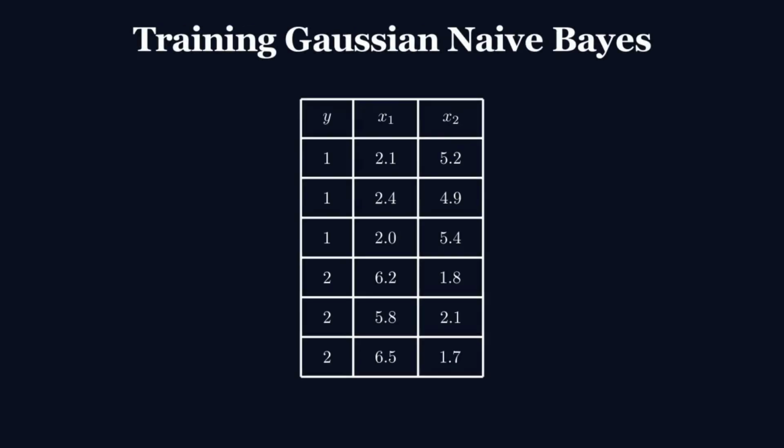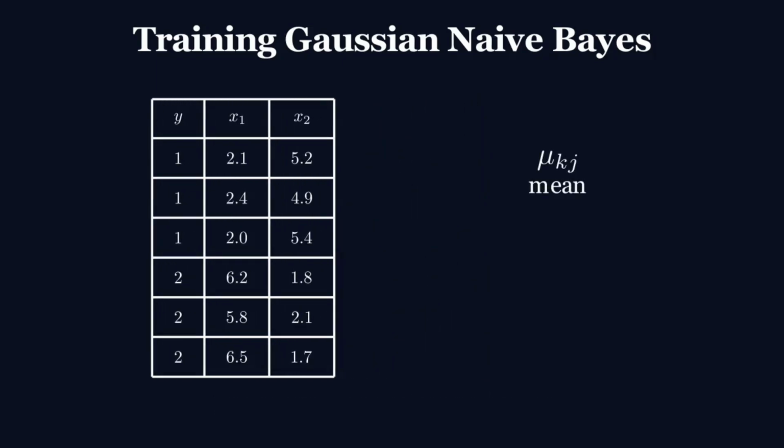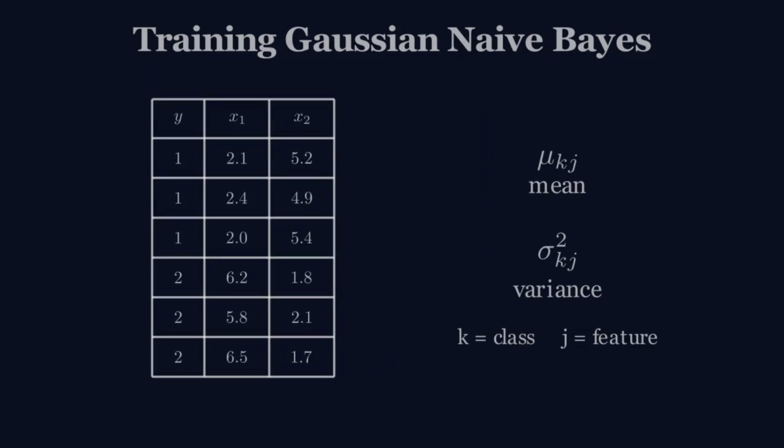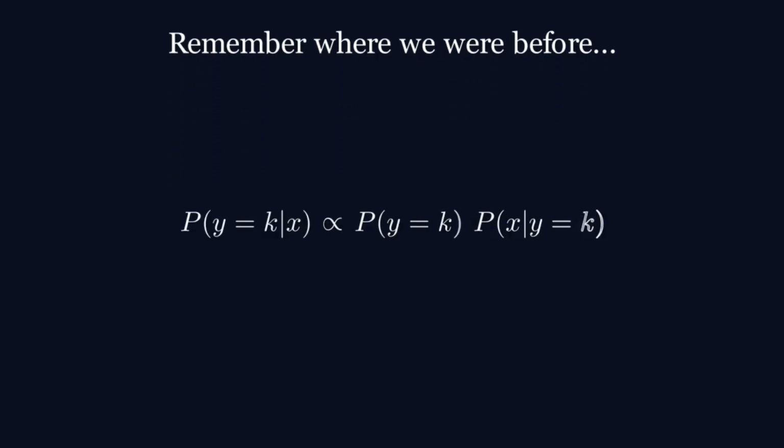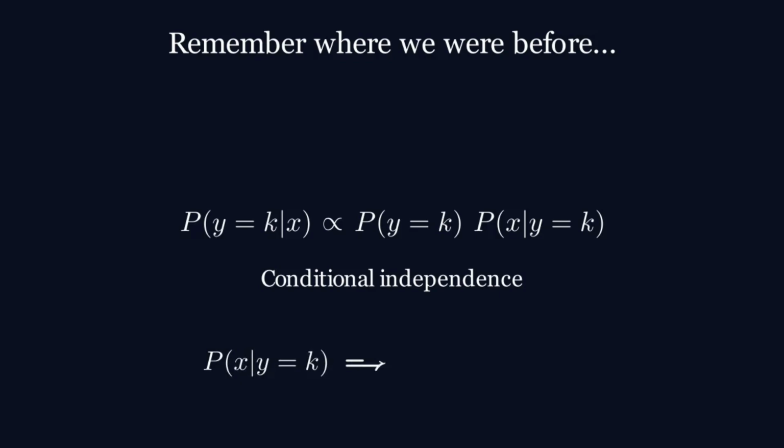So imagine we have a table containing our training data. For every class and for every feature, we can calculate its own mean and variance. So this is where we were before. And using our independence assumption, we can convert the probability of x given y equals k into a product of the probabilities.